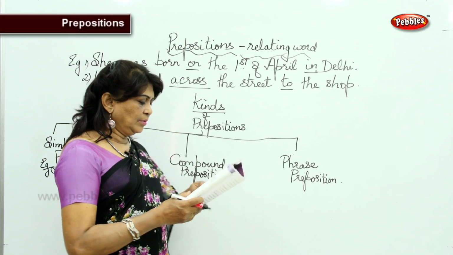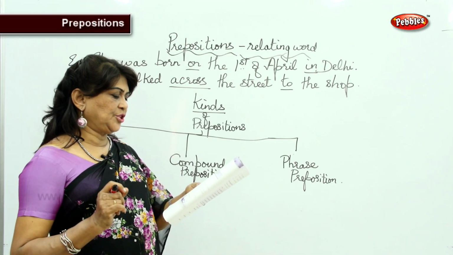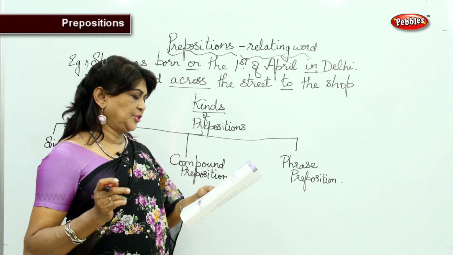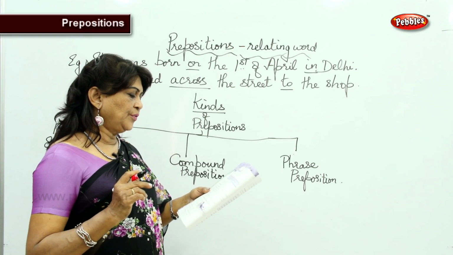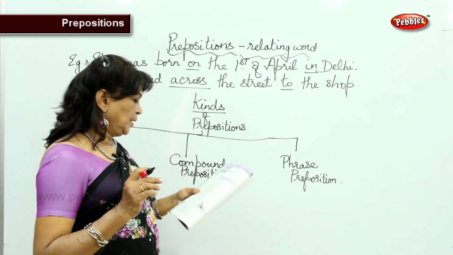Okay. Now, two-word preposition, that is compound preposition, are made of two words. Okay.